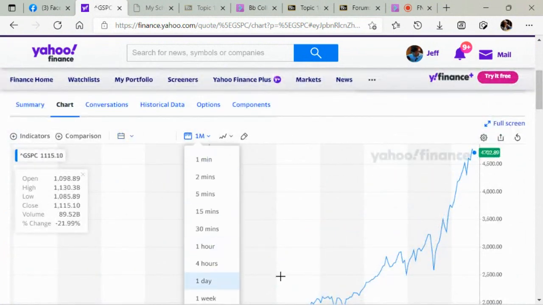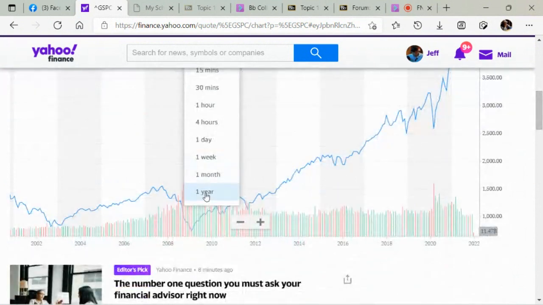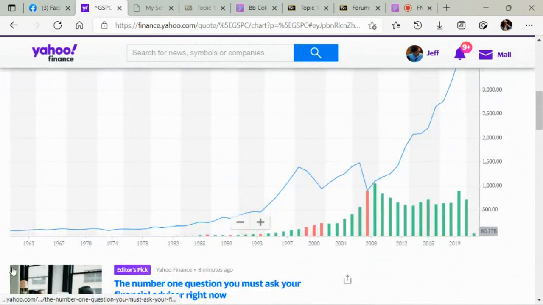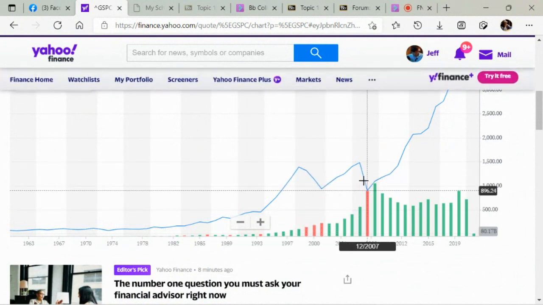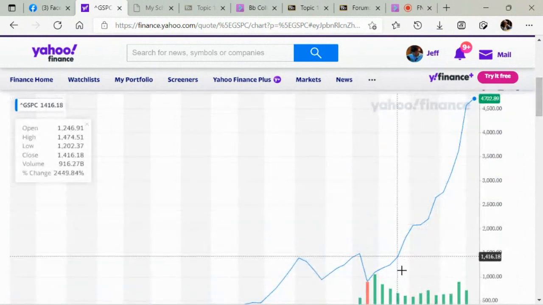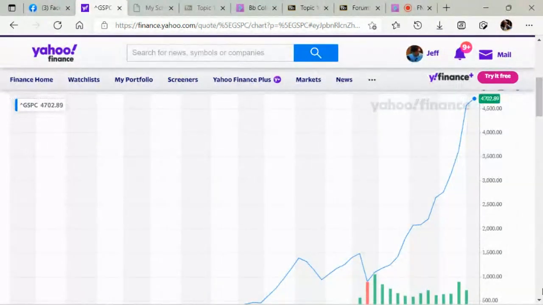Let's try 1964 or 1963, 1961, whatever. Look, even starting from 2000s, there were times when there were spikes and dips and spikes, but look at the overall trend. Look at the overall trend.